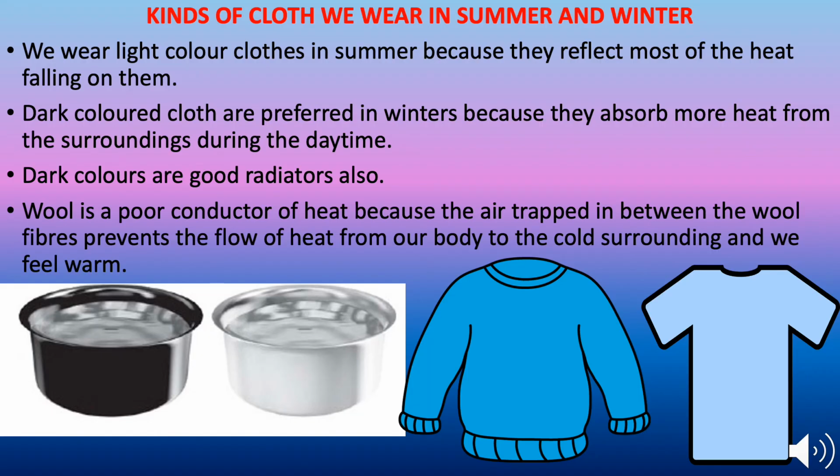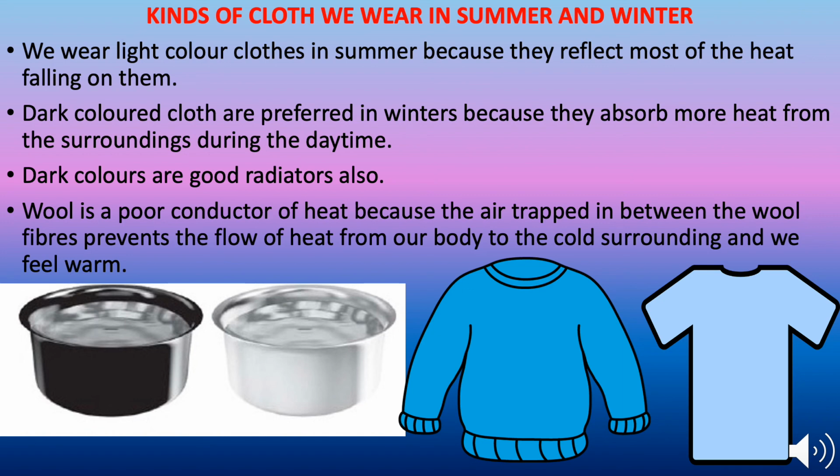Now, one thing I want to add: when this radiation falls on any object, a part of it gets reflected, a part is absorbed, and some part of it may be transmitted also. So, the temperature of the object increases and it becomes hot due to the absorbed part of the radiation. But the amount of heat absorbed by different objects is different.